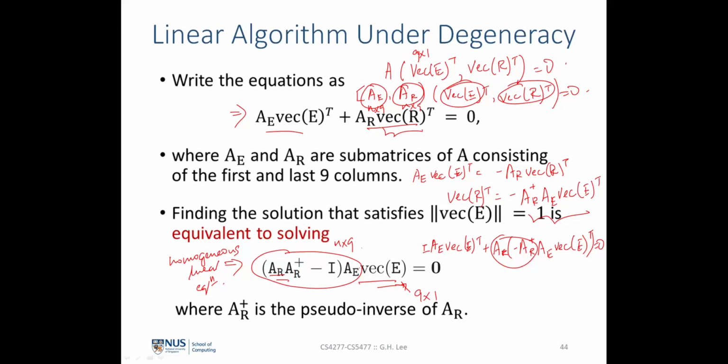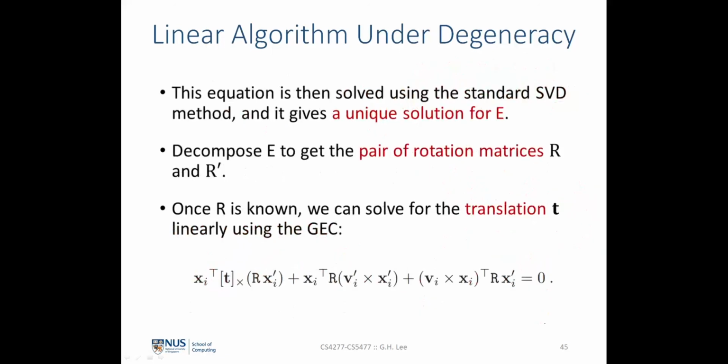The last column of V that corresponds to the least singular value would be the solution for this homogeneous linear equation, subject to the norm of the vector E being equal to 1. Hence, we will be able to solve for the essential matrix without any ambiguity.